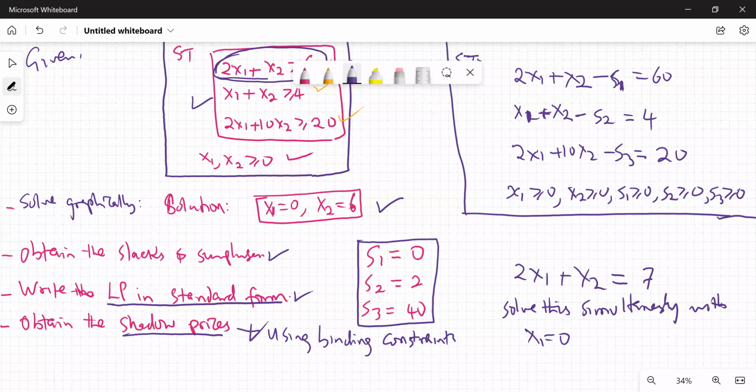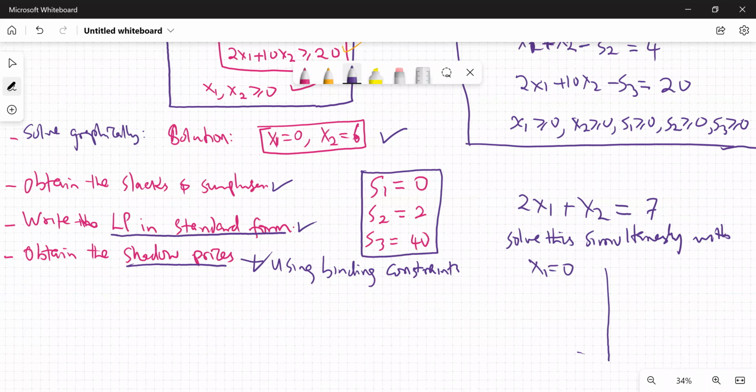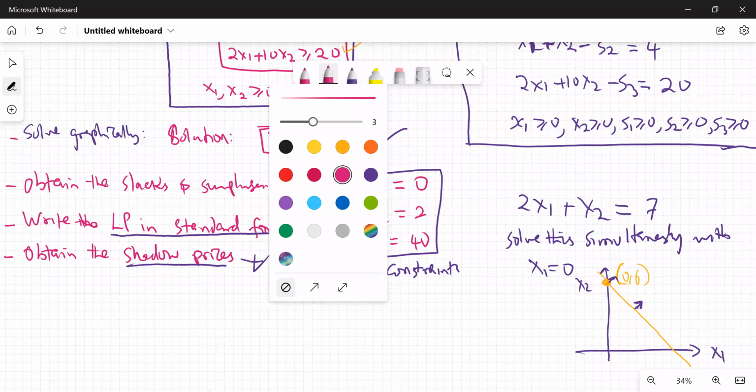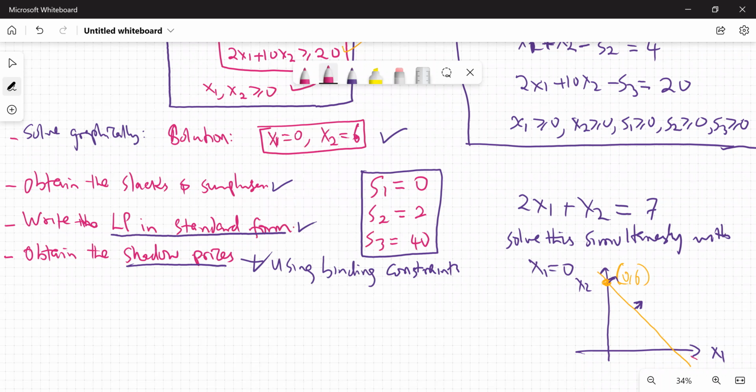It looks like this, because you have x1 and this is your x2. So I believe that region looks like this. Looks like the one that we solved earlier on. So what we have done, we have shifted this line this way, slightly like that. So now this will be our new line. I'm sorry, it's not drawn to scale, but that's where the line will now pass.